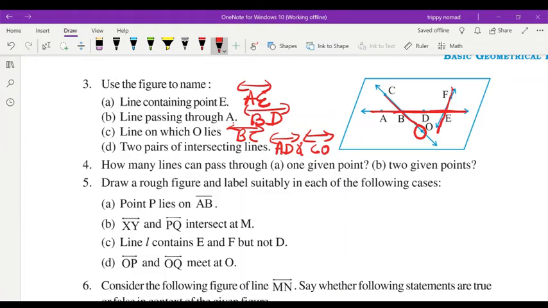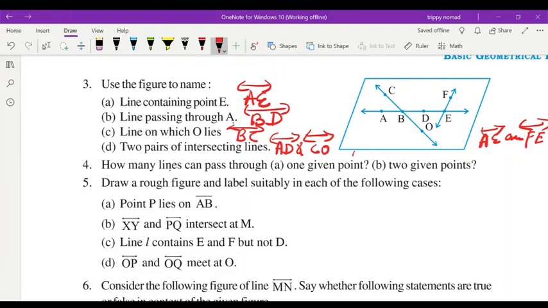So you will write here another pair, AE and FE. I hope till now you understood how to write line segment, how to write line, and how to write points. So now we are going to start the next question, children.